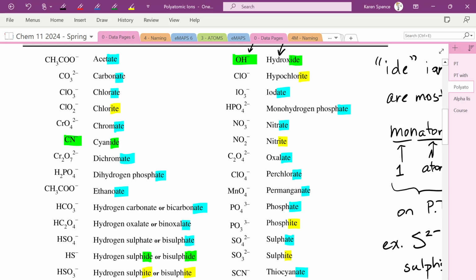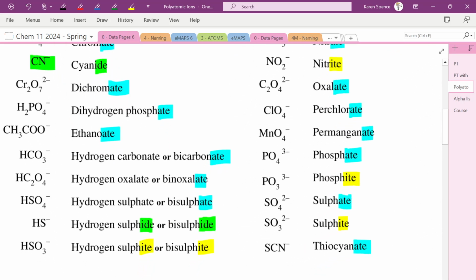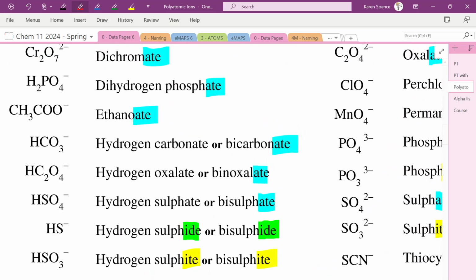And while we are down in this section here, I'd like you to take notice of the fact that HCO3 has 2 different names. You can either name it hydrogen carbonate or you can name it bicarbonate. Pick one. Do not name it both. Okay, so choose one or the other.